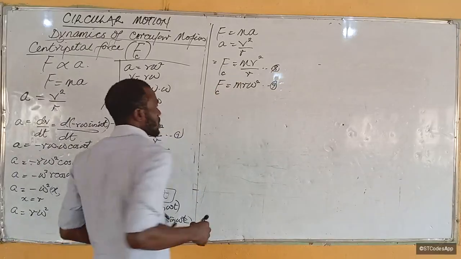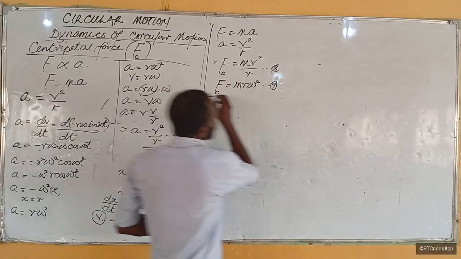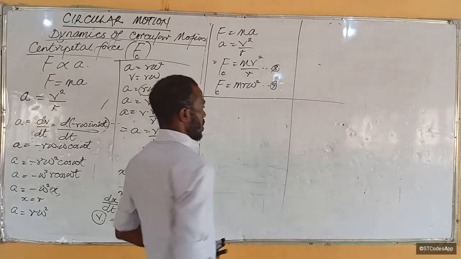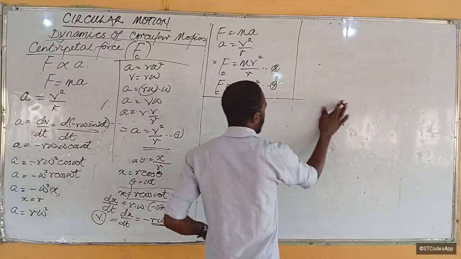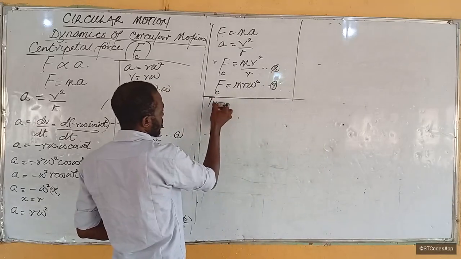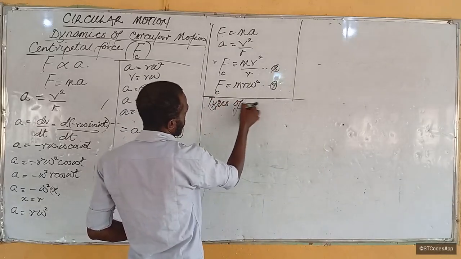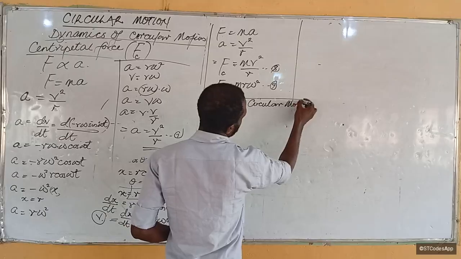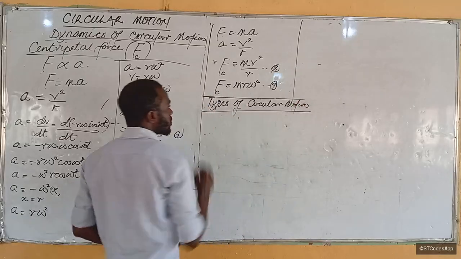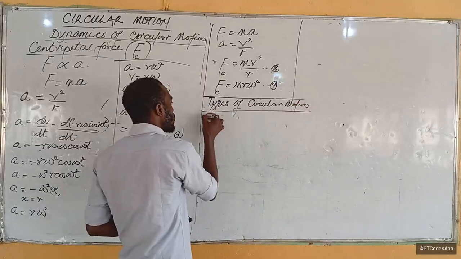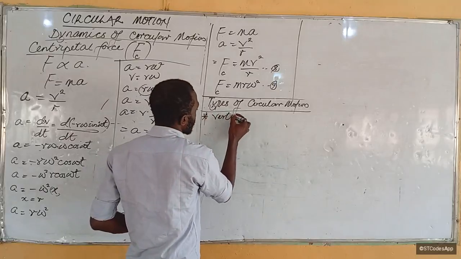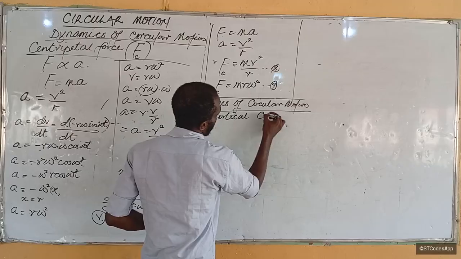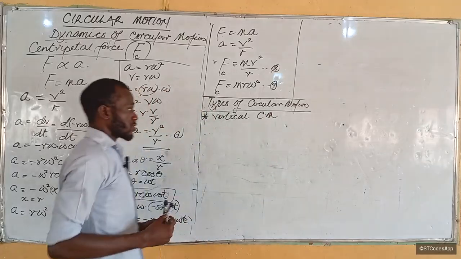That's the centripetal force. Now, there are two types of circular motion. Okay, now let's deal with the first one, which is the vertical circular motion. Let me just use CM for circular motion.